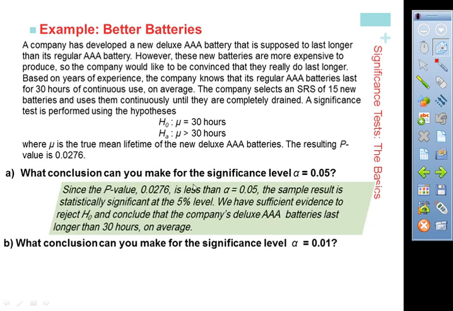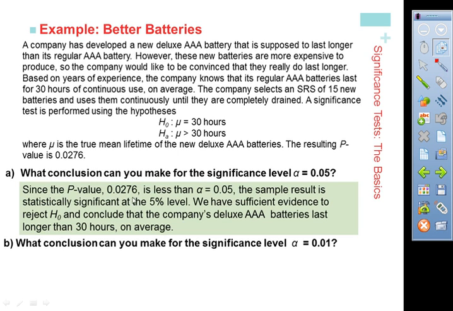And so it would look like this. Since the p-value of 0.0276 is less than alpha, the sample result is statistically significant at the 5% level. We have sufficient evidence to reject the null and conclude the company's deluxe AAA batteries last longer than 30 hours on average. Okay, that's exactly what we conclude, how we got there, and why. The result is statistically significant. So when it's smaller, it becomes statistically significant, at whatever level you're working with.